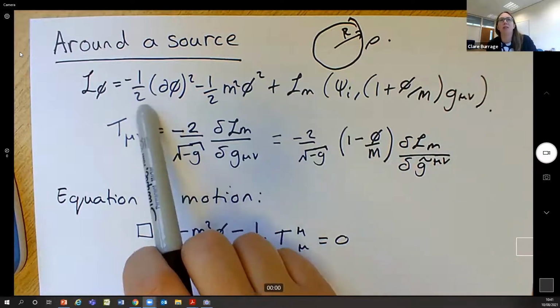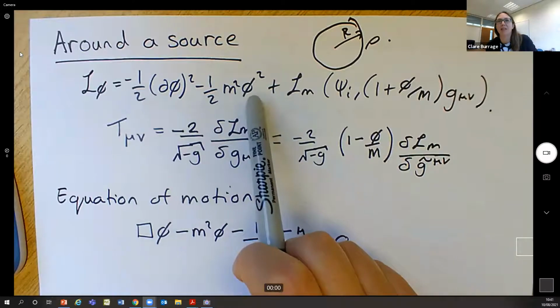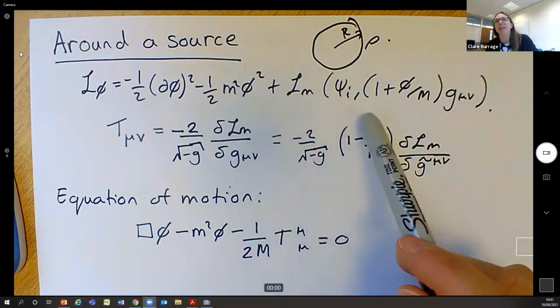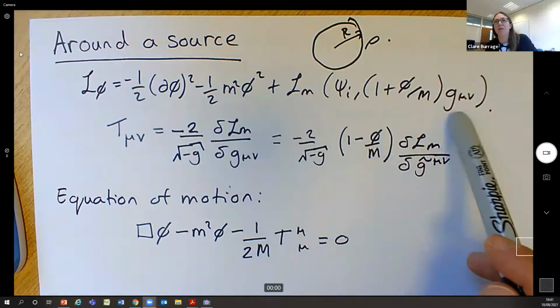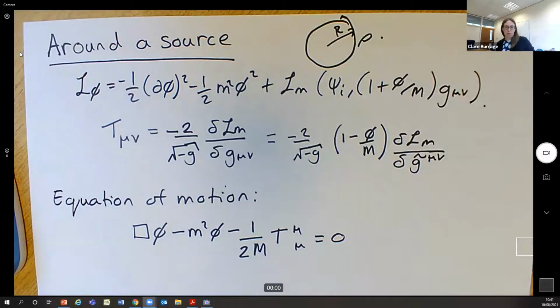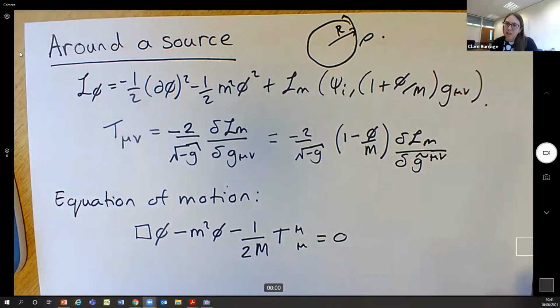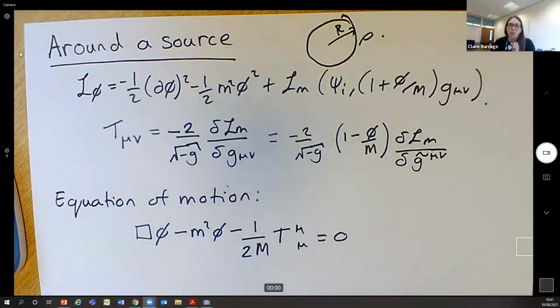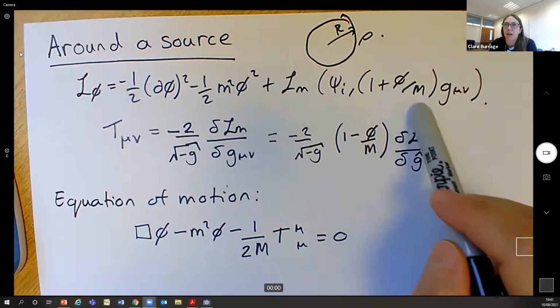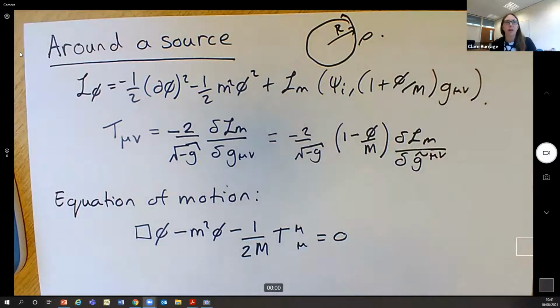So here again, we've got our scalar field with a kinetic term, a mass term, and our matter Lagrangian, our matter fields moving on this rescaled metric, which depends on our scalar field. Okay, so this is what we've just been talking about, and our geodesic equation calculation says that the force due to the scalar is the derivative of phi over m.